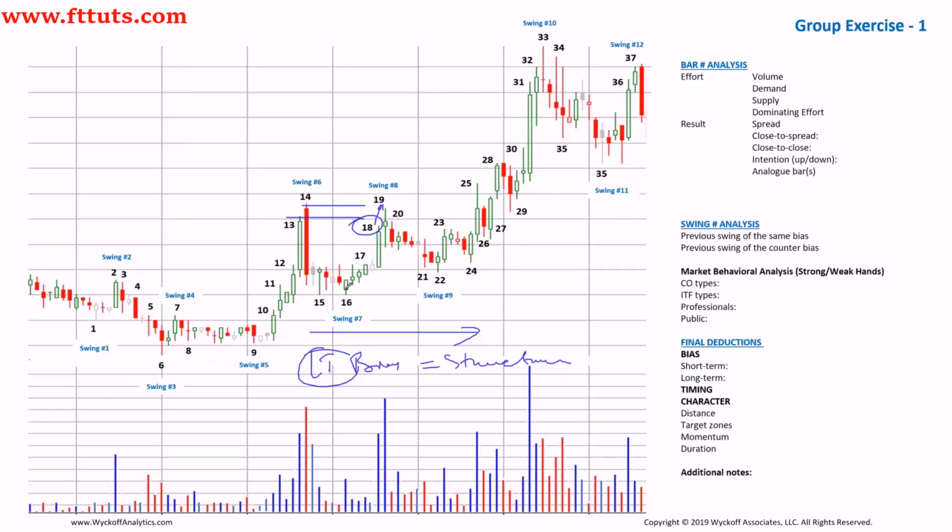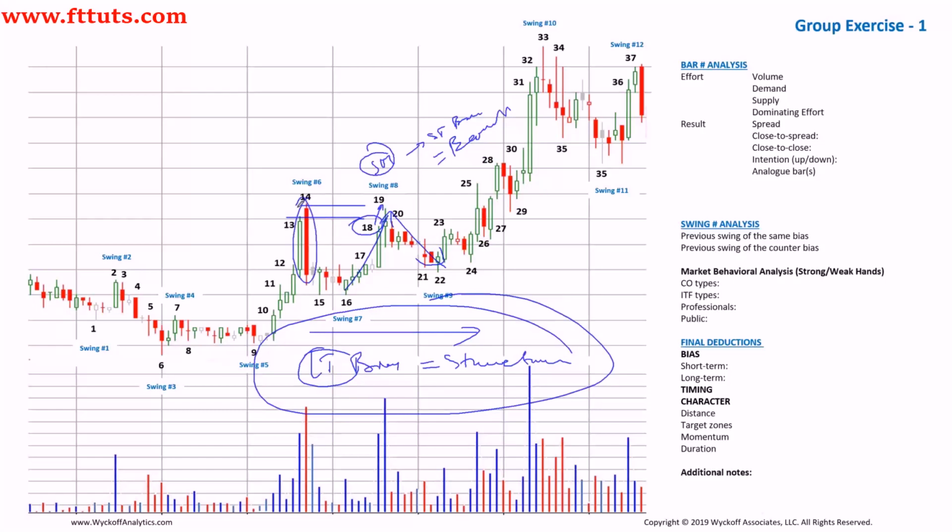The short-term is related more to the swings. So when we say that supply is coming in here, we know that the short-term bias is going to be bearish, and then the long-term bias that relates to the whole structure is still bullish, because we're thinking that this was bullish, and then a possible next reaction could be bullish.